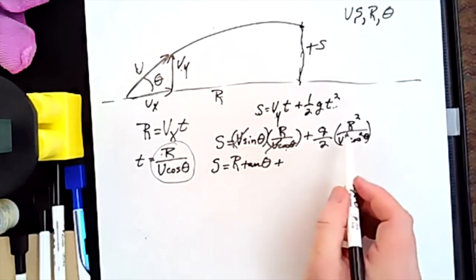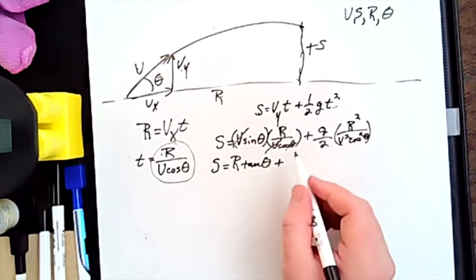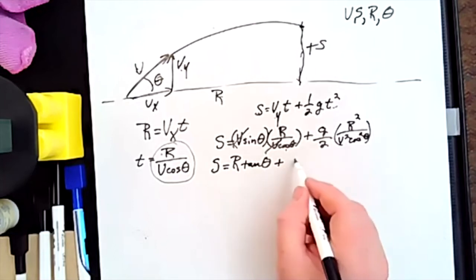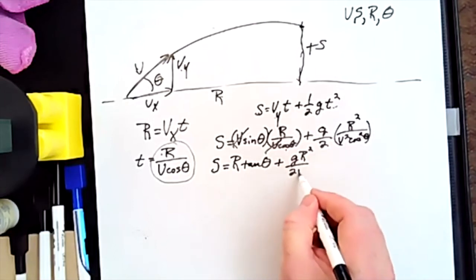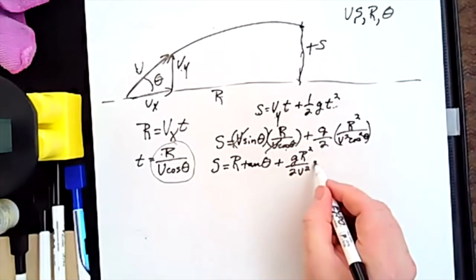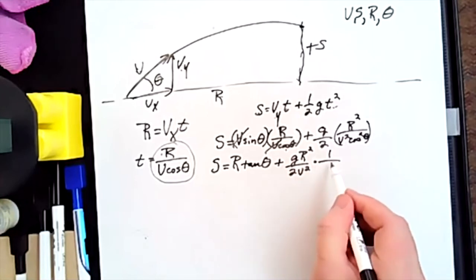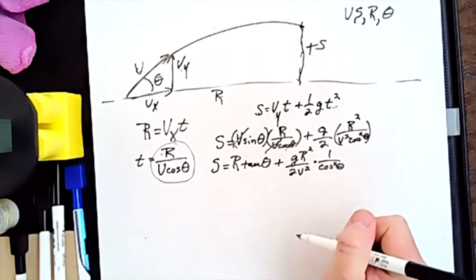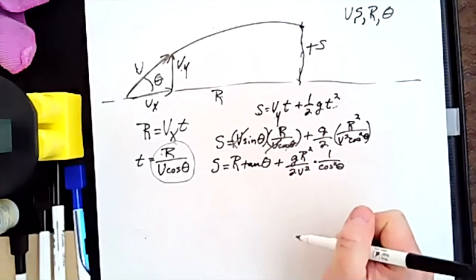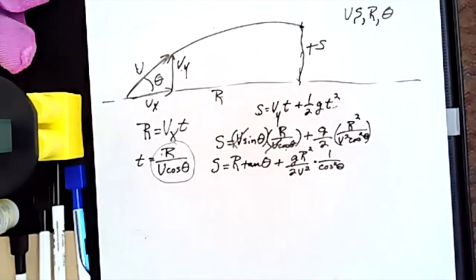Plus, so here I'm going to rearrange this a little bit just so I can show you something. I'm going to do GR squared over 2V squared times, and what's left? 1 over cosine squared theta. That's secant squared theta, but that's not the trig identity I want.